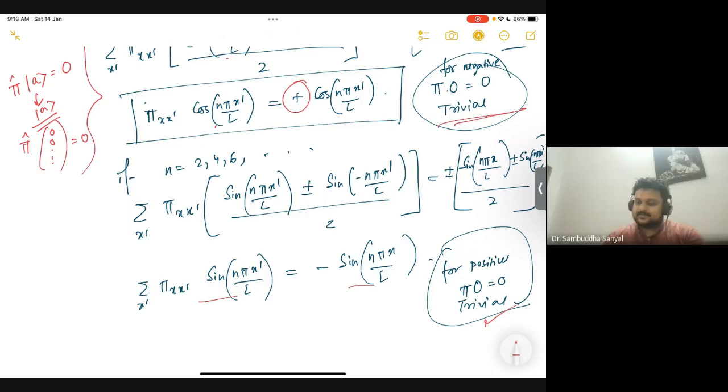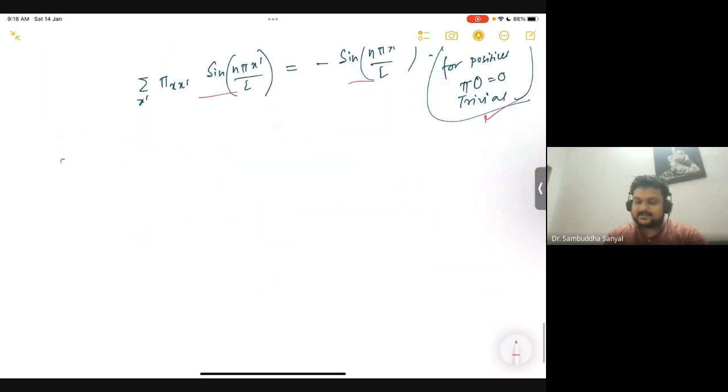Yeah. So see, this is a simple algebraic statement. We know what a null vector is. A null vector means if I act an operator on some vector and that gives me zero, I call this V a null vector.